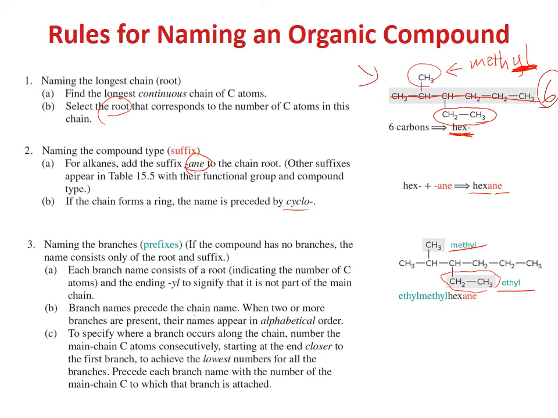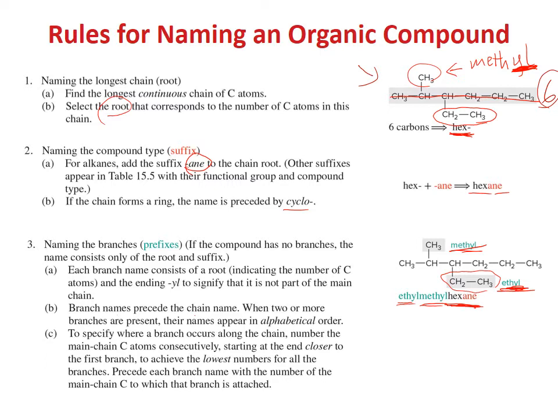So 2 branches, and the branch names precede the chain name. If you have 2 branches, the names appear in alphabetical order. So ethyl should be in front of methyl by alphabetical order. And therefore we have ethyl, methyl, hexane. So the main chain is hexane. Ethyl and methyl are 2 branches.